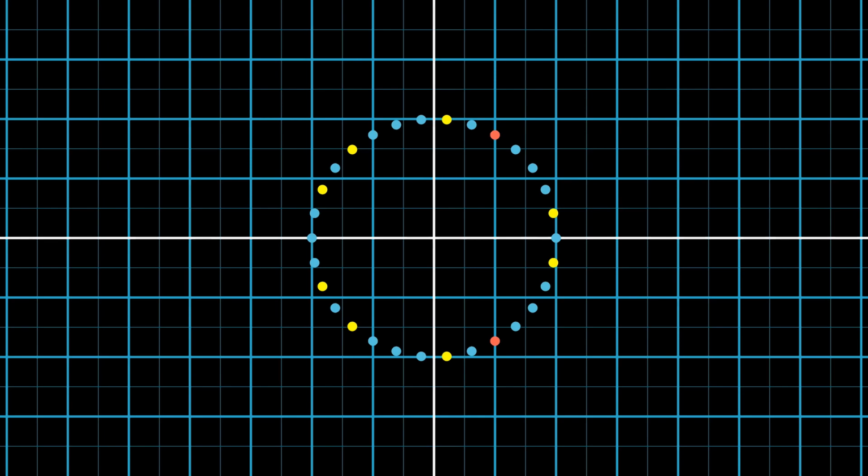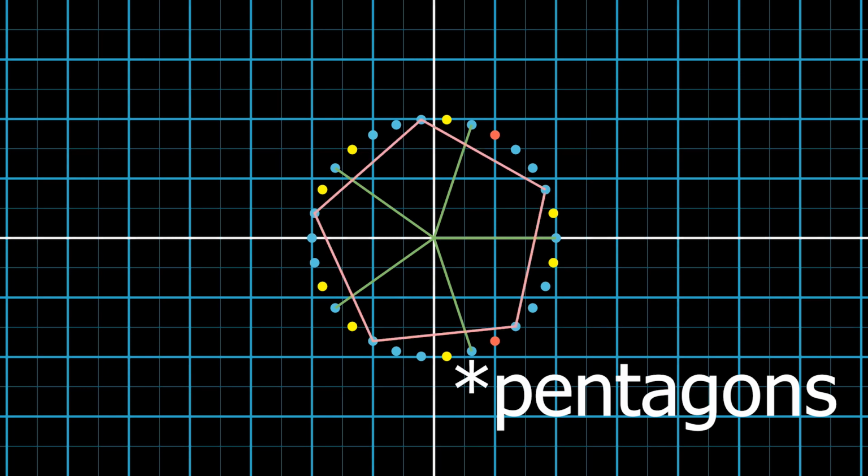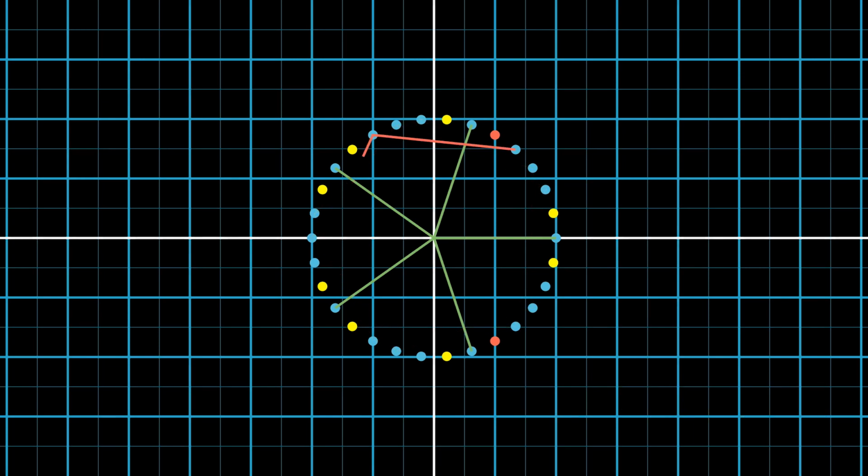First, let's start with the blue ones. Notice that the blue ones are just like in the last case, because I can group them in different portions that make the pizza slices that we talked about. So I can draw hexagons from them. And the red ones, as I said, are just the multiples of 5.